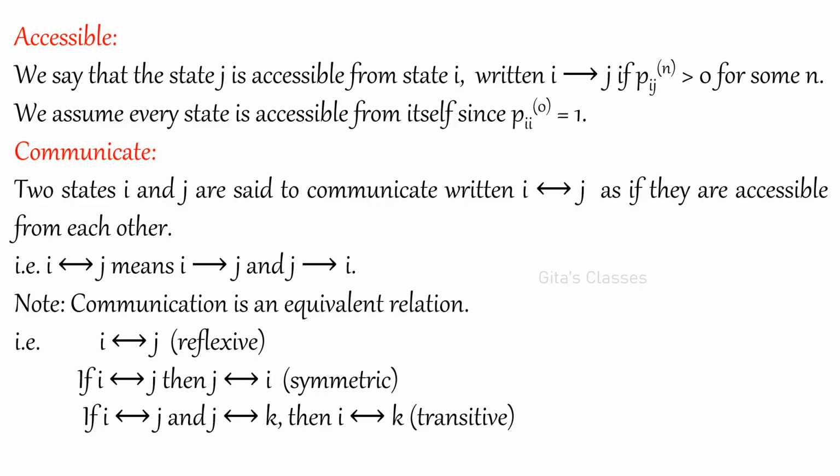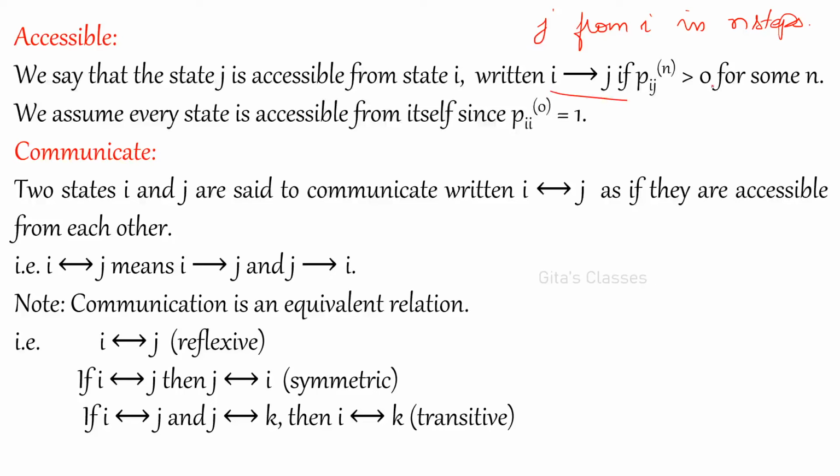A state j is accessible from state i. Suppose you have, we'll see examples. I'll just read. The notation is i to j. If you write like this, j is accessible from i, if the probability, where n means n steps, that you can reach j from i in n steps is positive.